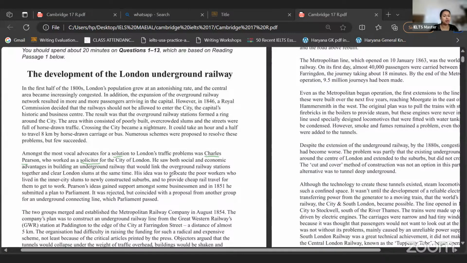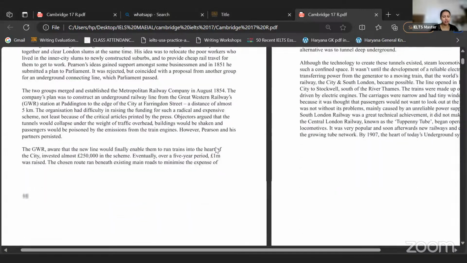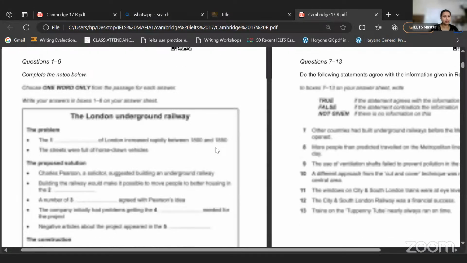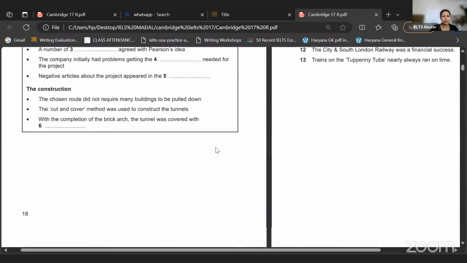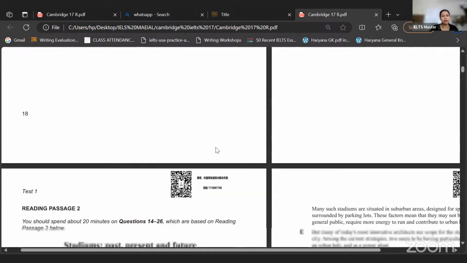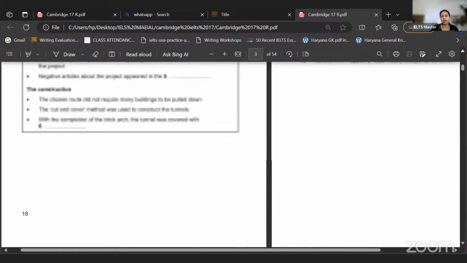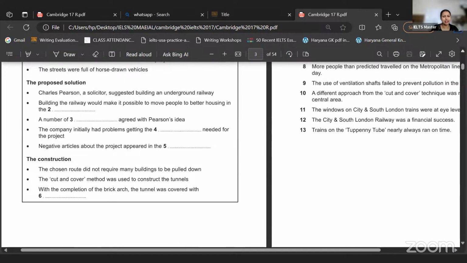His idea was to relocate, which means to move the poor workers who lived in the inner city slums to newly constructed suburbs. So what have they asked? Building the railway would make it possible to move people to the newly constructed suburbs. Is that clear, guys? What is the answer to better housing in the suburbs?